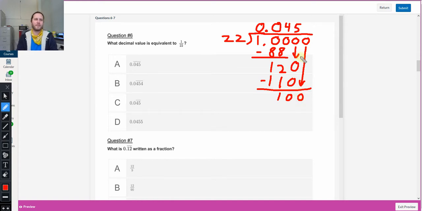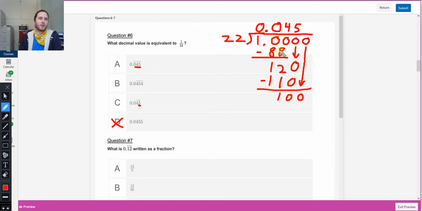So first of all, we already know 22 is not going to go into 100 evenly. So we know it's not going to stop at the next number. We just don't know for sure if the 5 is going to start repeating, or if it's going to repeat 0, 20, 45, or if it's going to repeat the 4 and the 5 over and over again. We don't know what the pattern is yet.